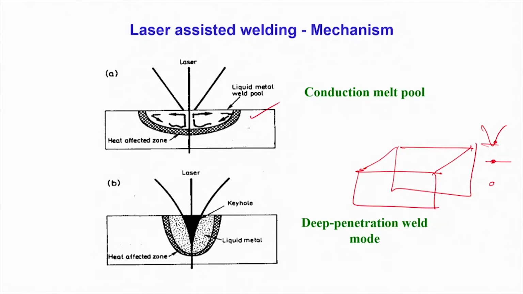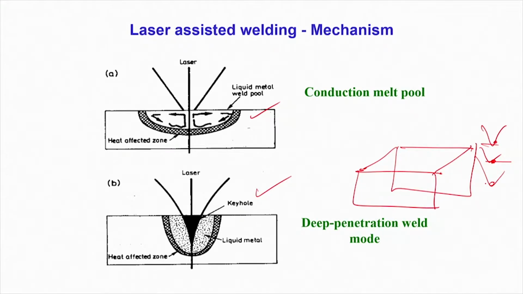If the focus is coinciding with the surface, or in particular is below the surface, in both cases you can see a heating profile which will be fairly deep penetrating. That's the typical keyhole type of joining possible, particularly when the focus is below the surface.